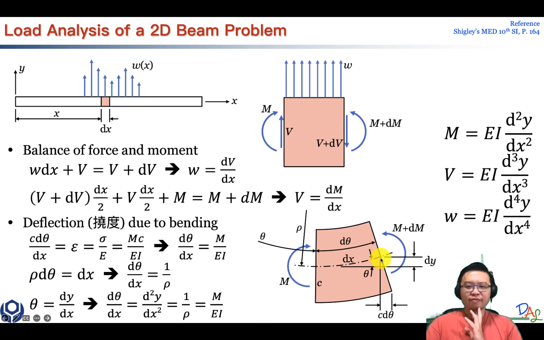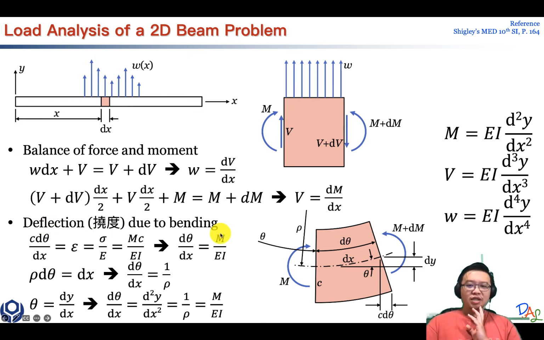we will have movement of this right hand side point moving up a little bit due to bending. So we call this dy deflection. If we bend this beam and this portion has a slight increment in height, dy, then if we sum them up from left to right, we can know the total deflection of this beam.